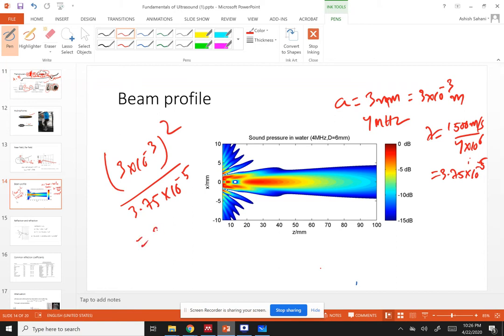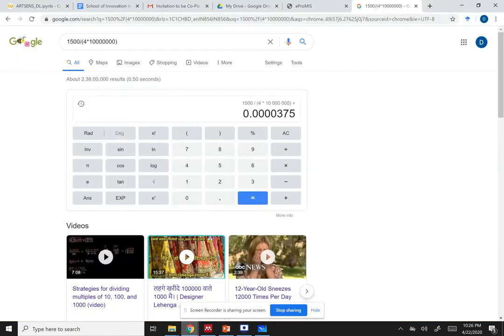That is about 9 into 10 to power minus 6 divided by 3.75 into 10 to power minus 5. So we have 9 divided by 3.75, which is about 2.4.